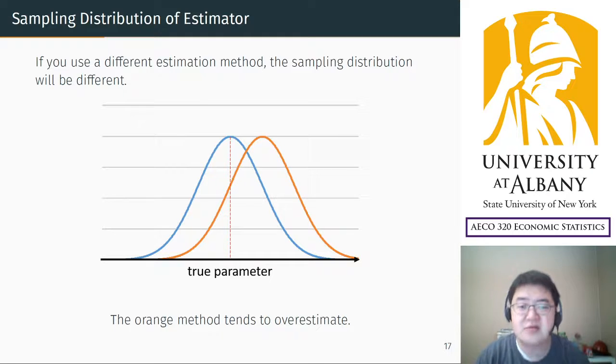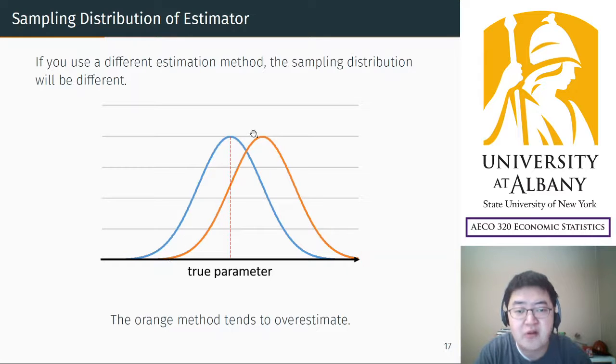And their sampling distributions will be different. In this case, when you compare these two, the blue estimator is correctly centered at the true parameter. So even if it may be wrong, on average you can expect it to be around the true parameter.